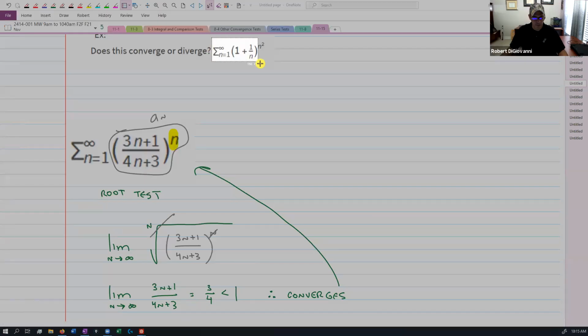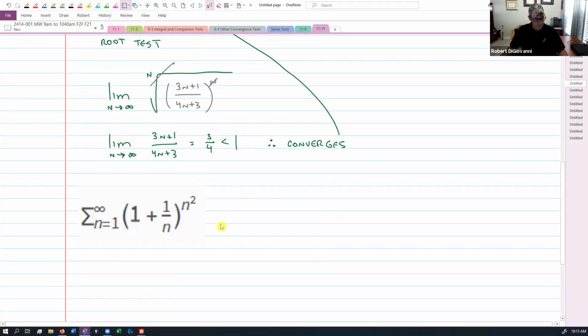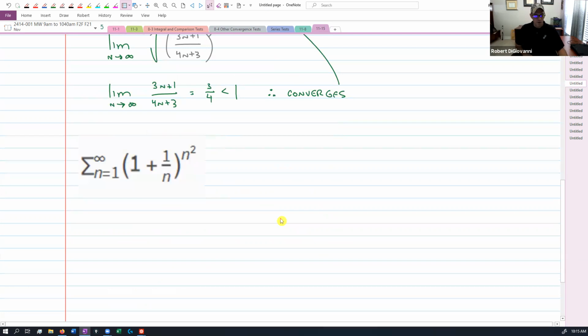We'll look at this next example. This is our last example, actually. This one. It's this whole thing raised to the n squared. Okay, so in order to use the root test, what we need to realize here is that this is actually the same as 1 plus 1 over n, to the n, to the n.